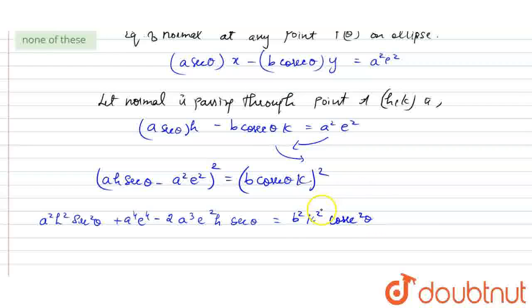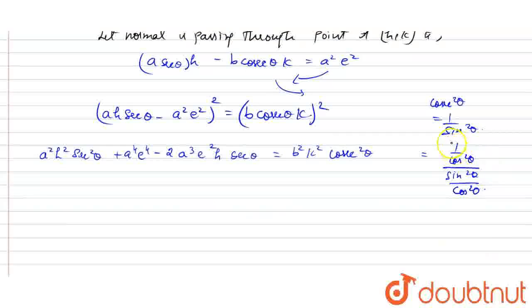Okay, so here this cosecant square theta I'm going to write as 1 minus sine square theta, so 1 minus cos square theta divided by sine square theta divided by cos square theta.